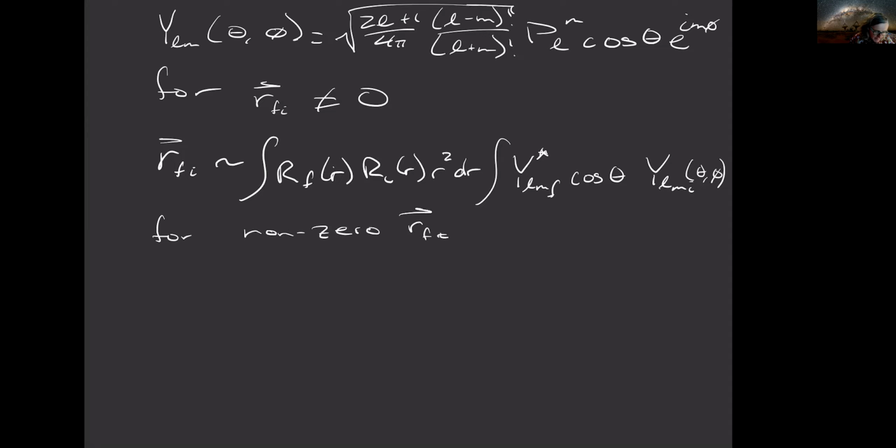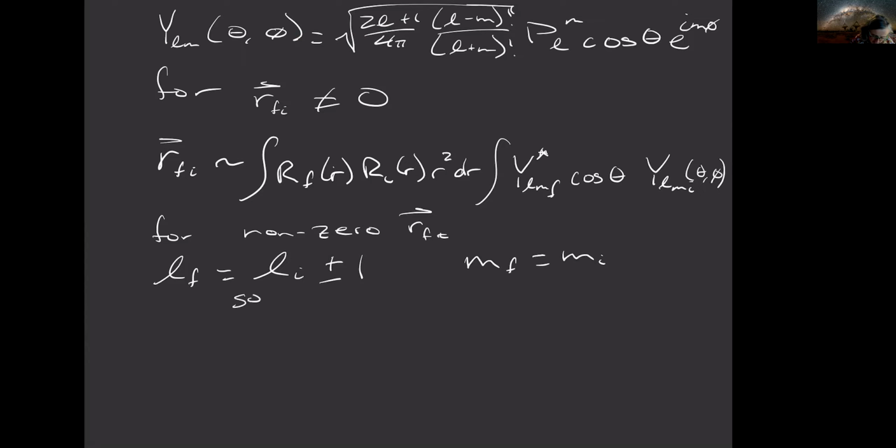So for non-zero R_fi, it requires that the quantum number L in the final state has to be equal to the quantum number L in the initial state plus or minus 1. That is to say that you have to change the spherical harmonic so that it doesn't integrate to 0. Now, you also want to have that the final M is equal to the initial M. You don't want to change it in all directions.